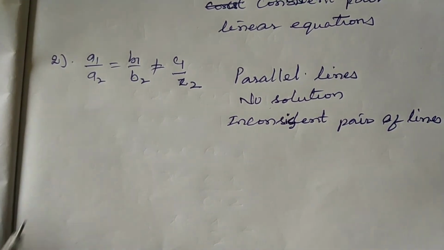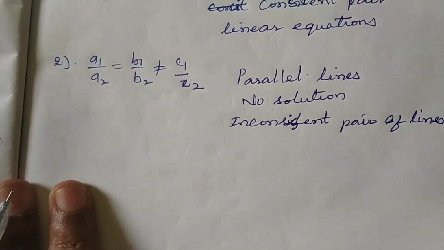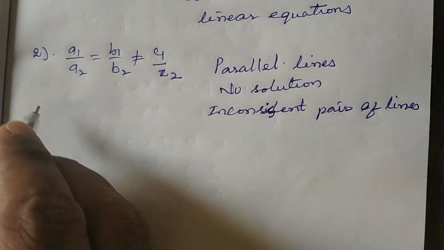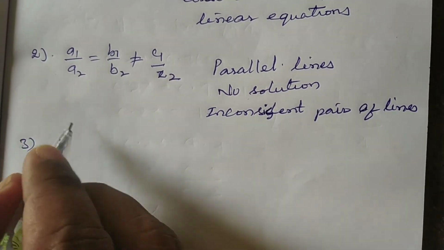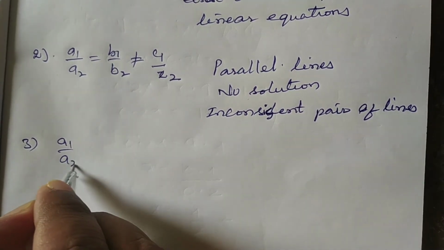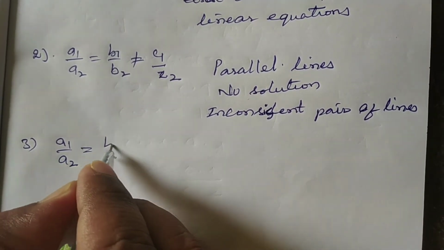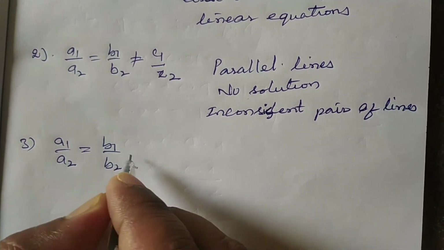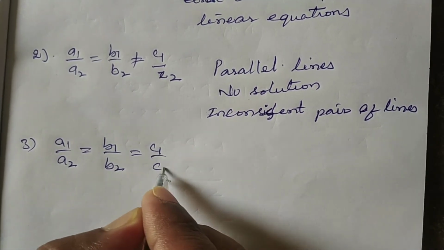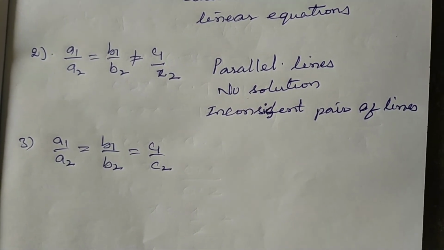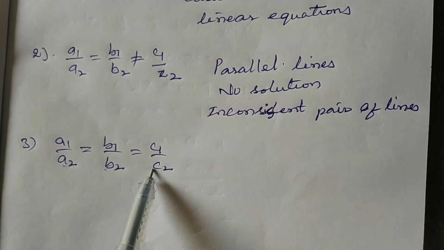And the third condition is a1 by a2 is equal to b1 by b2 is equal to c1 by c2. Here these three ratios are equal.